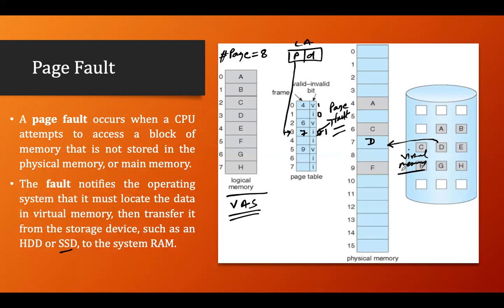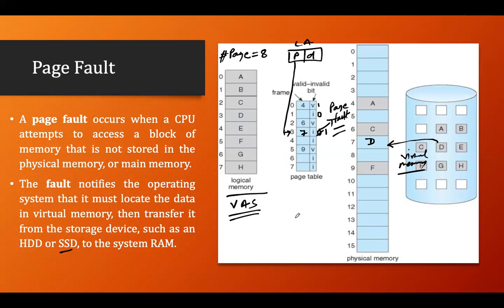So what happened in the whole process? Whenever a page fault occurs, the virtual memory manager is activated, and the running process is blocked. Then the virtual memory manager contacts the disk manager, which is the file system of the operating system.